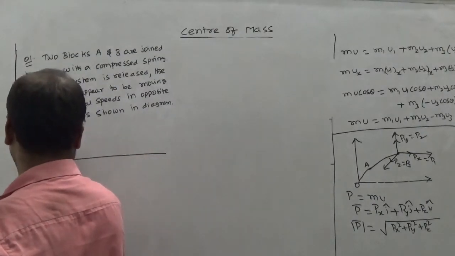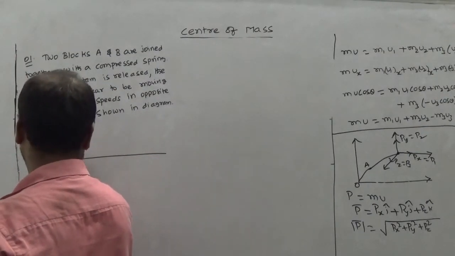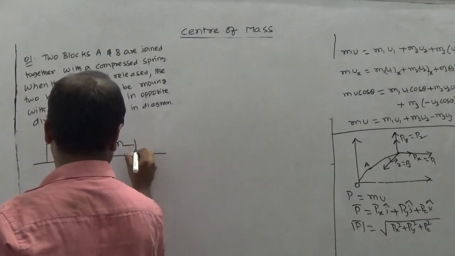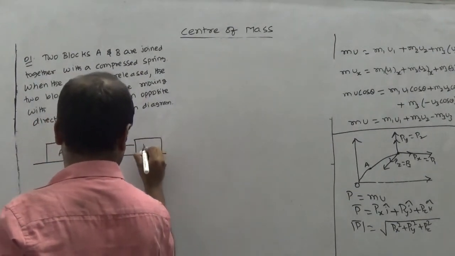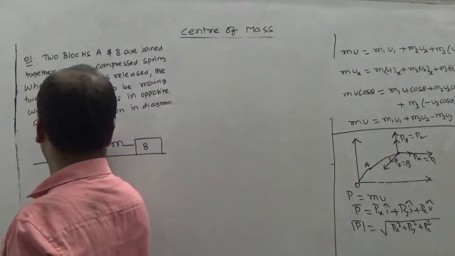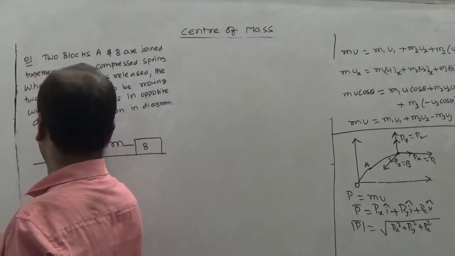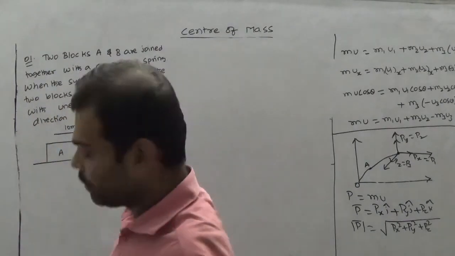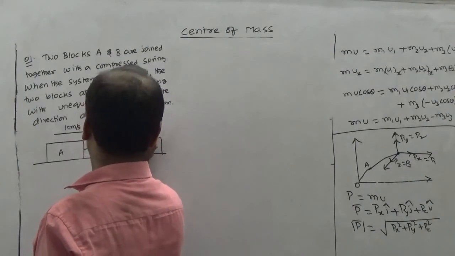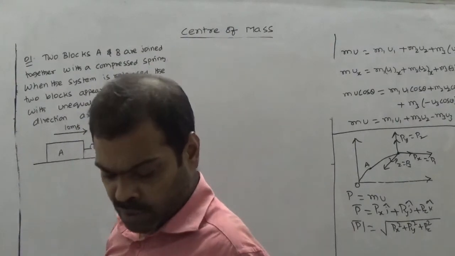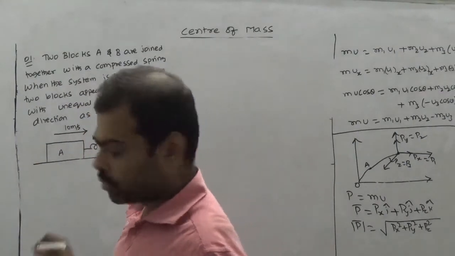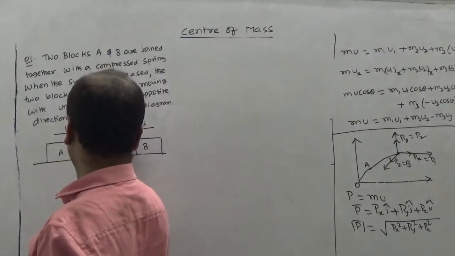Here we have a block A connected by a spring to another block B, such that block A is moving with 10 meter per second towards right, and block B is moving with a velocity 15 meter per second towards left, and the force constant is 500 Newton per meter.